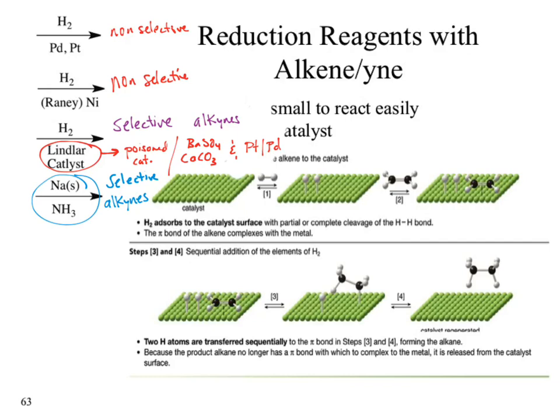Why do we have two different selective reagents? Okay. These are selective for alkynes. What does that mean? What would they produce? Alkenes. Is there something different about the chemistry of an alkyne versus an alkene? Hybridization of carbons, fair enough, didn't consider that. That is true. Alkynes, because of their hybridization, are linear.